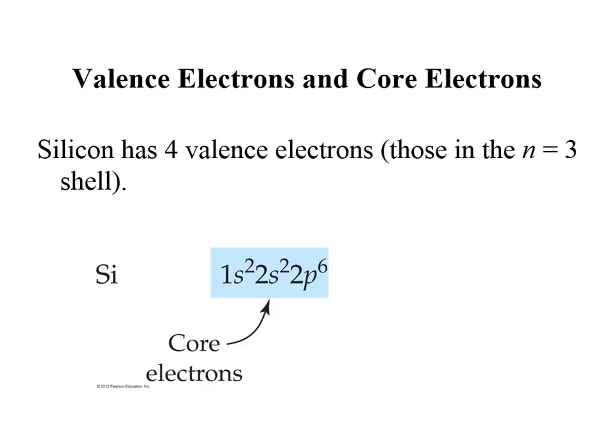So I have a couple figures to emphasize valence electrons. This is silicon. 14 electrons around a silicon atom. Notice that silicon is in period 3.